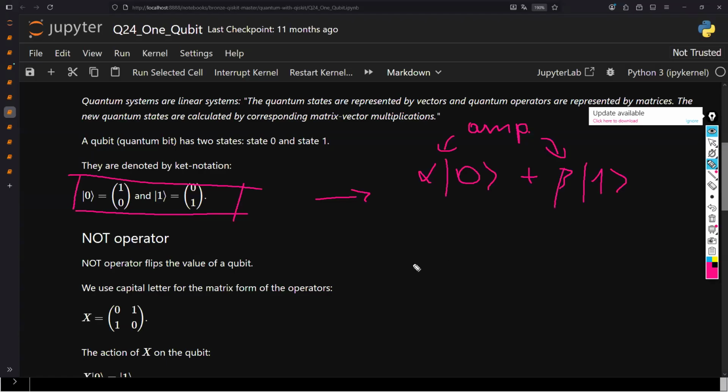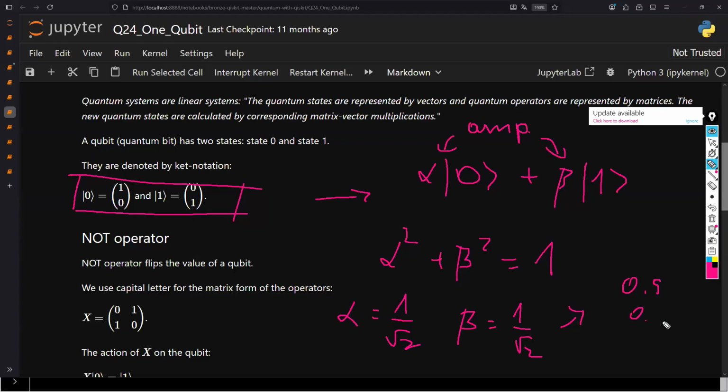And what is true is that the amplitudes squared sum up to 1, right? Because alpha in our quantum coin flipping is 1 over square root of 2, and beta is 1 over square root of 2, but after squaring, both become 0.5, which sums up to 1. Is that clear? Yeah, for sure, no problem.